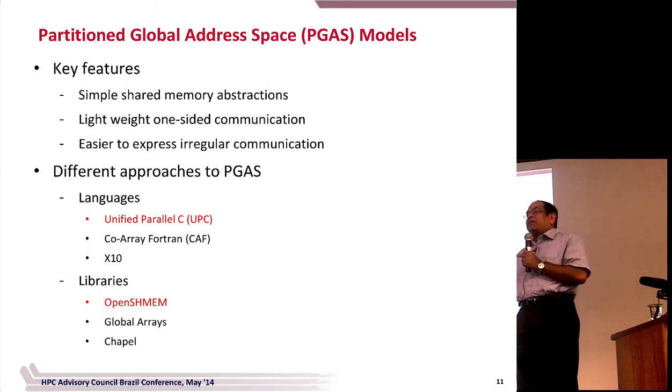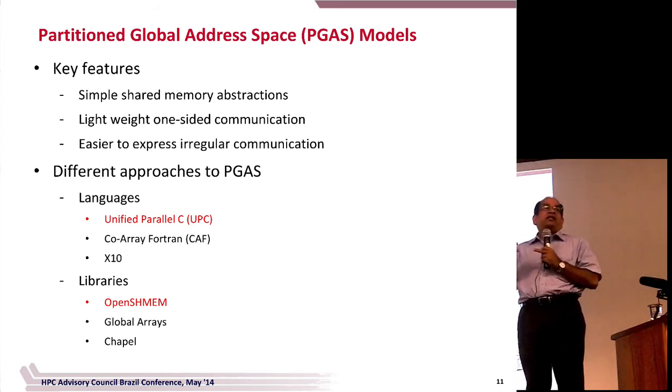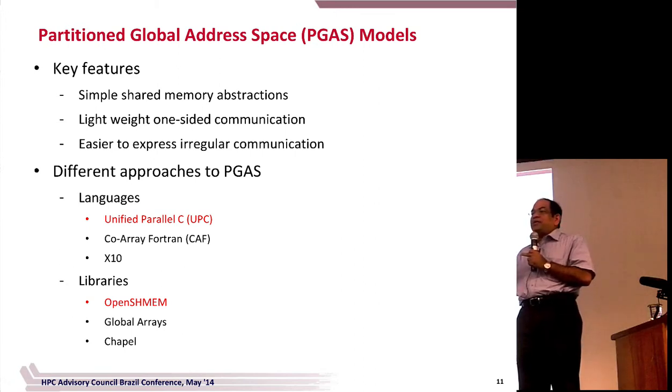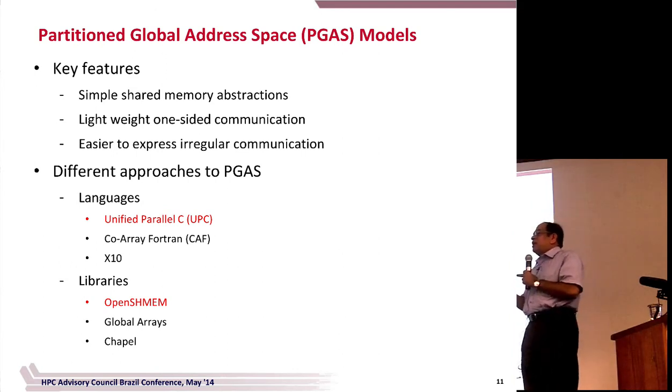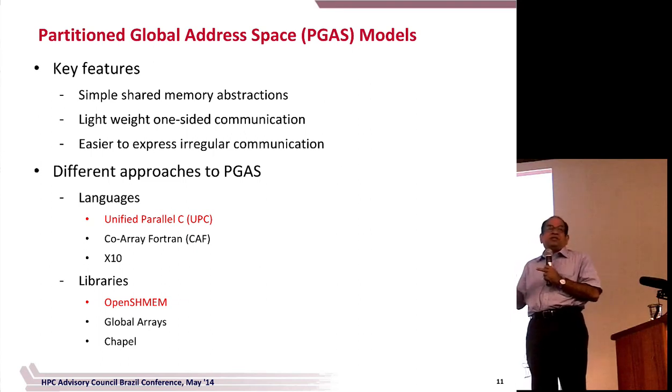But there are a lot of irregular applications, okay, where what happens is based on the data and which node it is, you are trying to take some actions, and those are very hard to write in MPI. People have done it, but it takes lots of effort to convert that into MPI, and even though you convert into MPI, many times you go through load imbalance, so that you don't get good speedup.